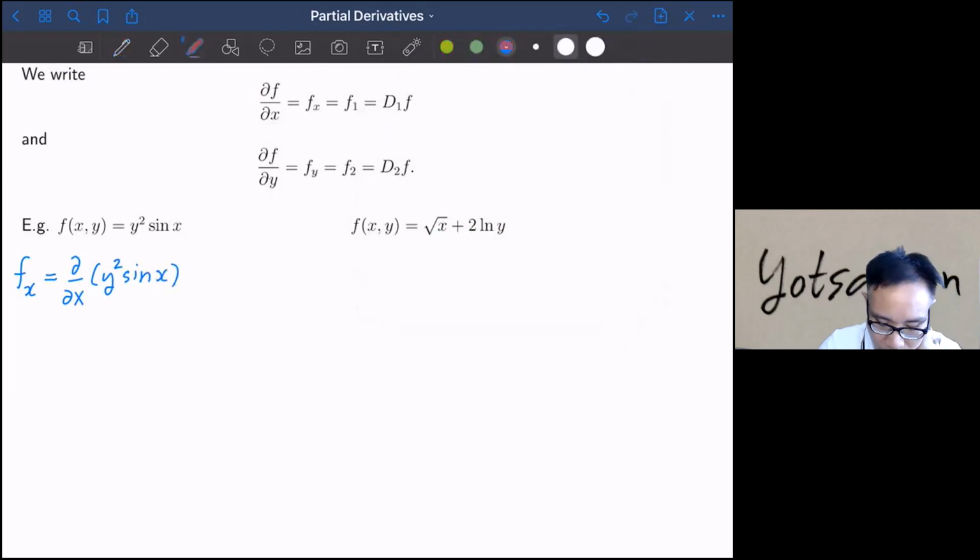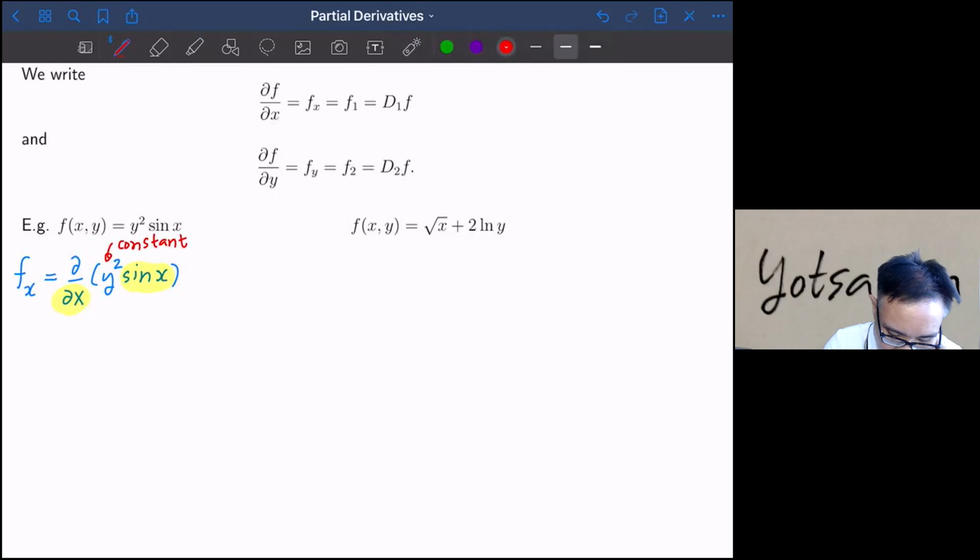The thing you have to know is that we differentiate with respect to x, and we differentiate only the yellow variable or the yellow function. So y squared here turns out to be a constant, and we can treat it as a constant.